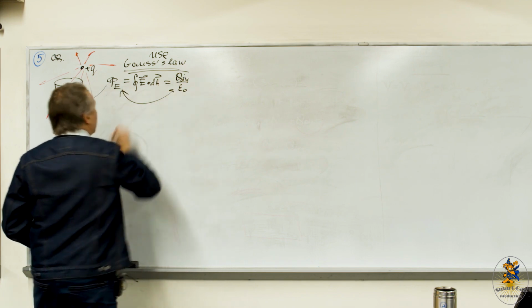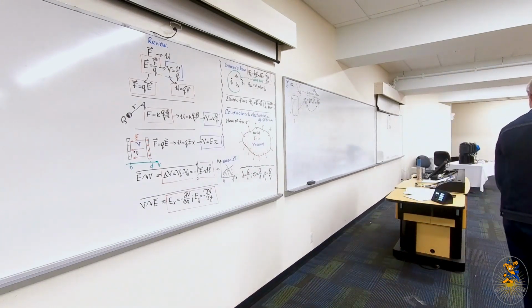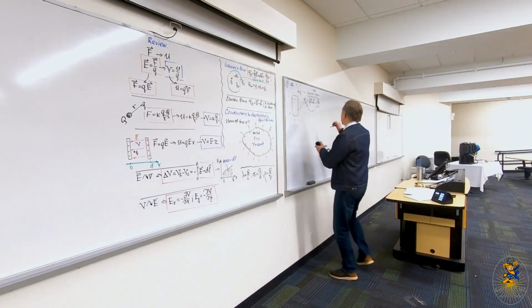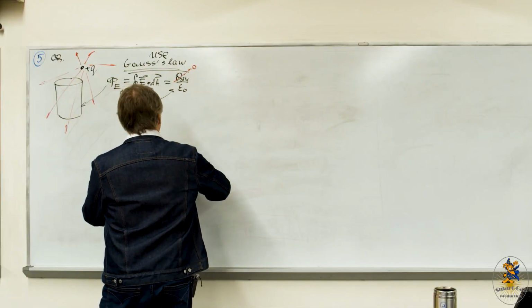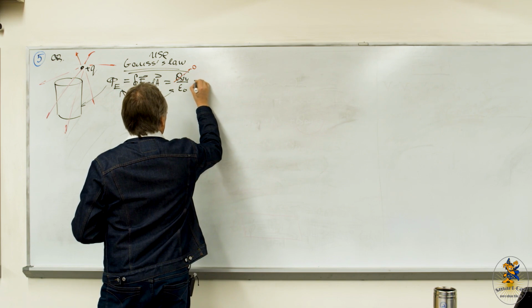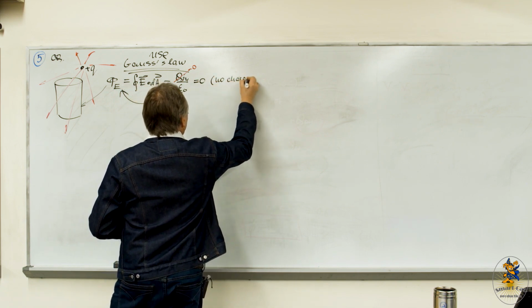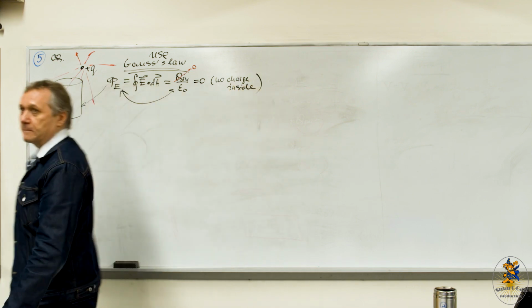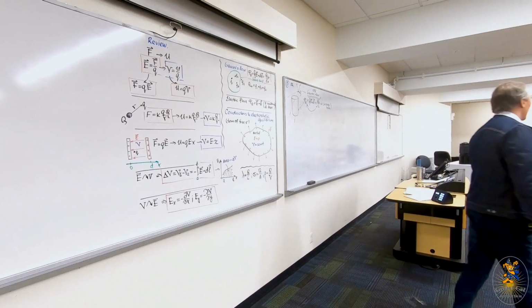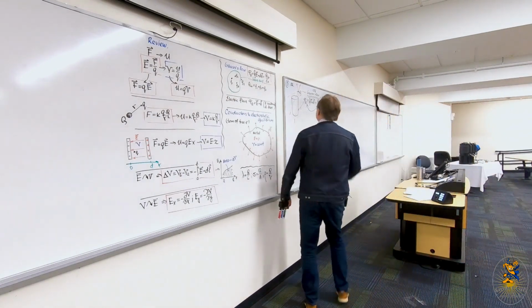So these sides: flux equals 0, Q enclosed is 0. So no charge inside. Okay, so now after this you will remember for some time.